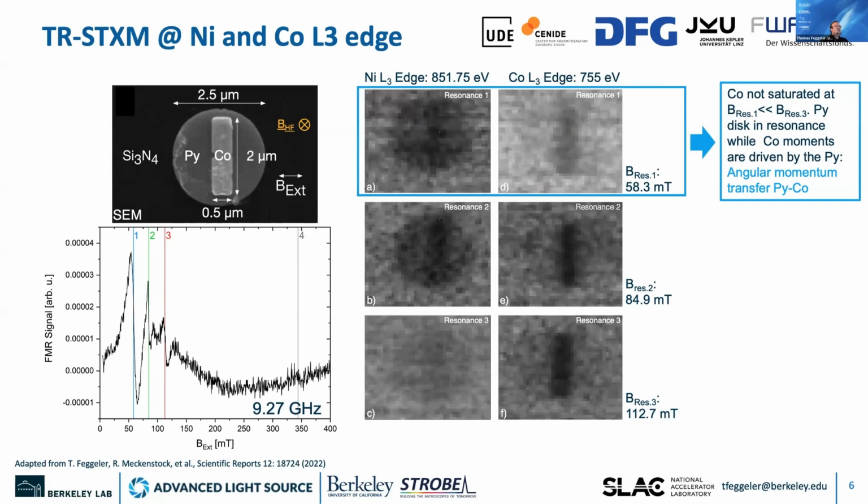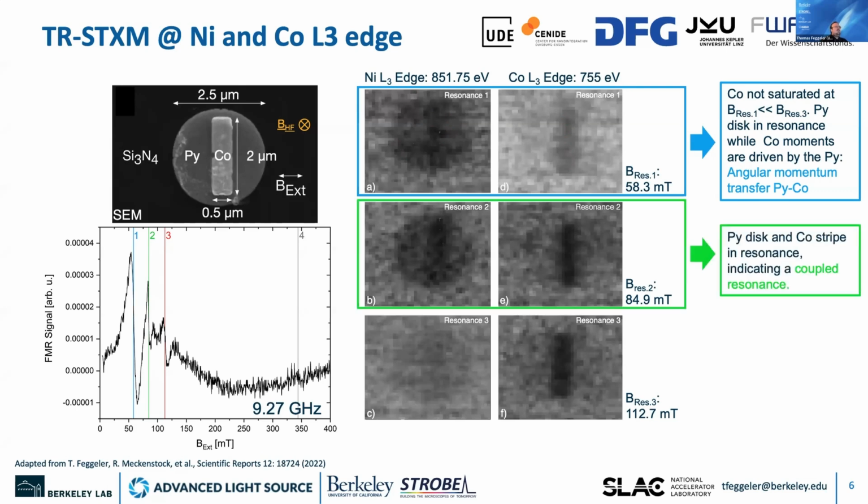The explanation is that we have the main resonance of the permalloy, which is driving, over exchange coupling, the cobalt stripe into precession, but the cobalt stripe itself is not excited at this field.